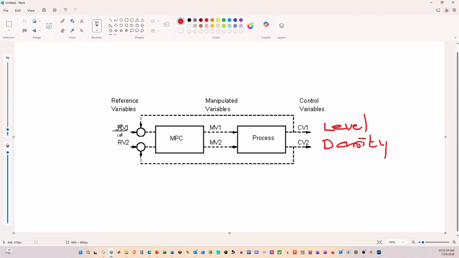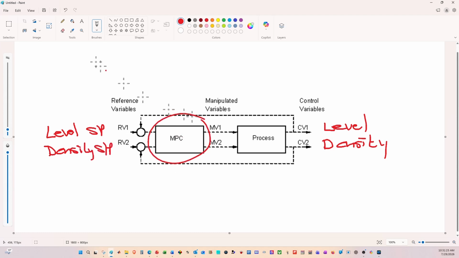We need to have set points, and that's where my two set points are going to be. So first and foremost, I'm going to have a level set point, and I'm going to have a density set point.